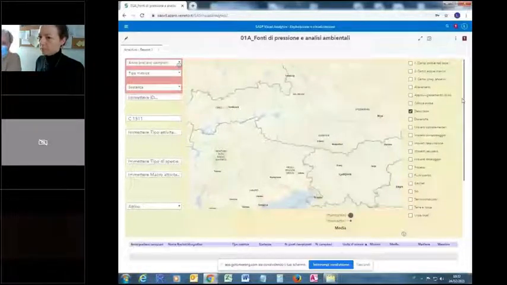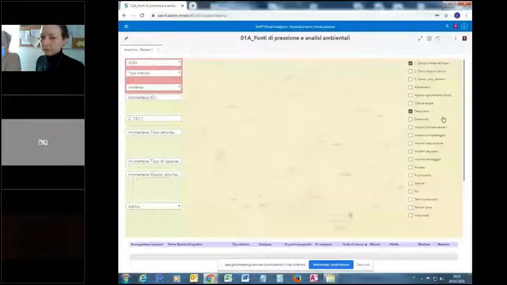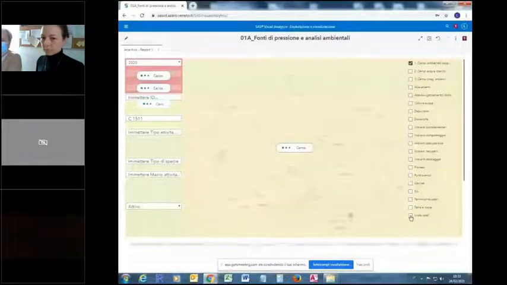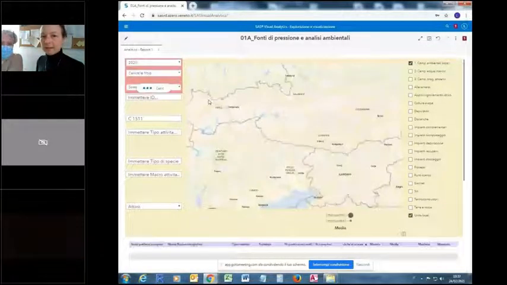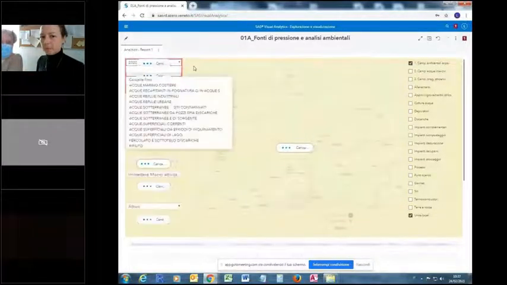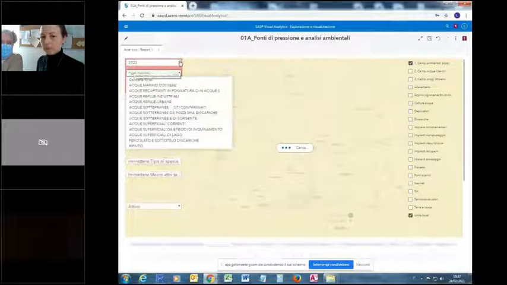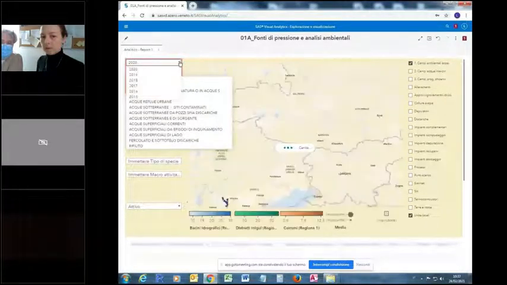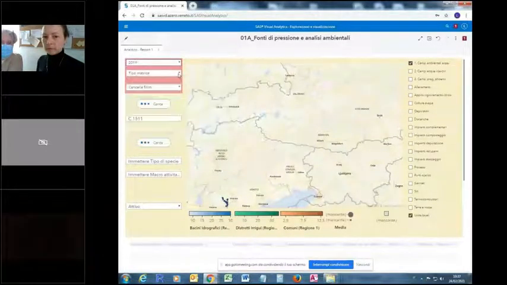So you have to select one type of data source. You have to select the year of interest. Let's keep 2019. Then the type of matrix.